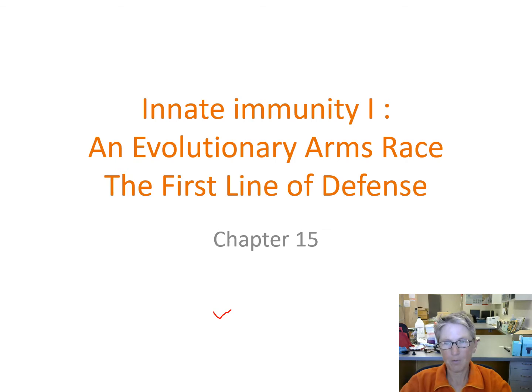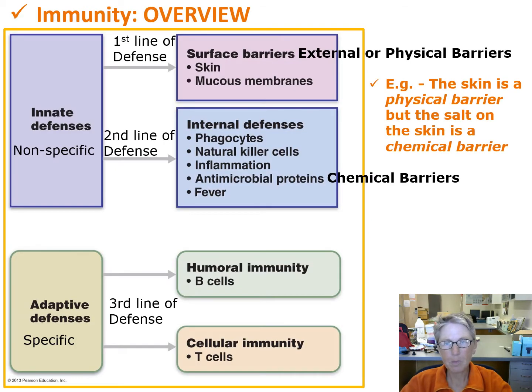Here we go, chapter 15. So this is a diagram of immunity, just sort of a broad overview. So you have this purple box here, innate defenses. Those are also called non-specific defenses. And within the innate, aka non-specific lines of defense, there's a first line of defense and a second line of defense.